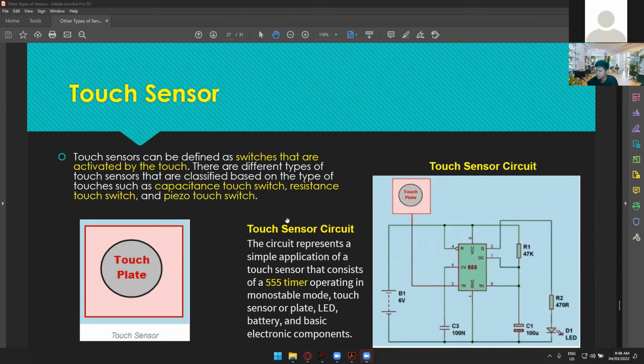I guess this one is pretty obvious already, but we have different kinds of touch sensors. It could be capacitance touch, or it could be resistance touch, or it could be a piezo touch switch. Here's an example of a touch sensor circuit. We have the touch plate itself, and then we have the 555 timer, some resistors, capacitors, LED, and so on and so forth.